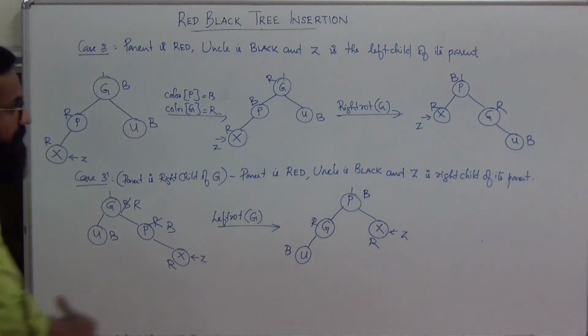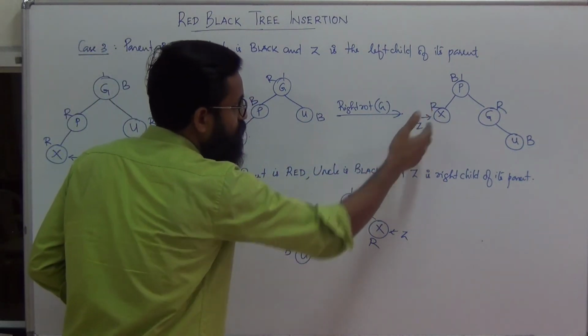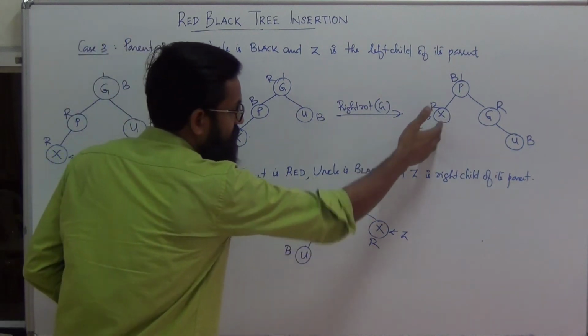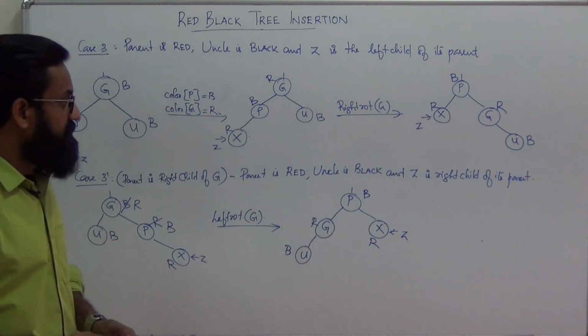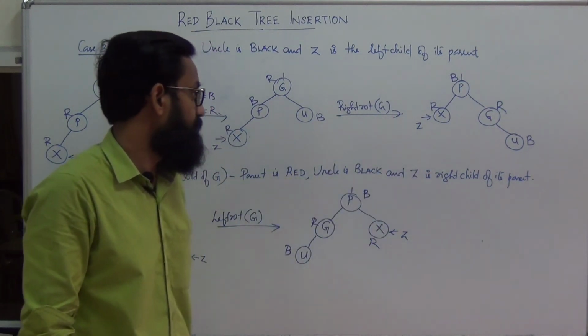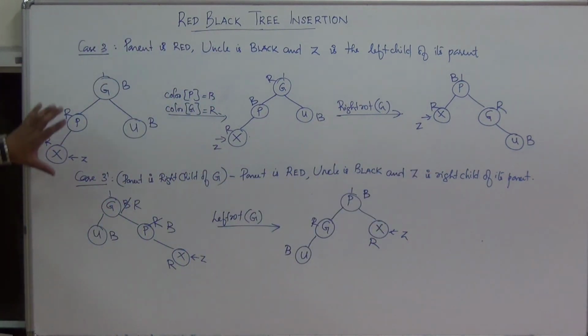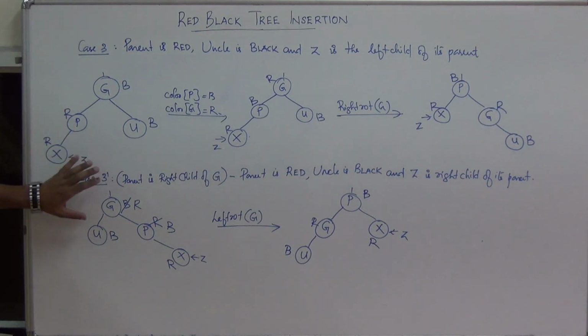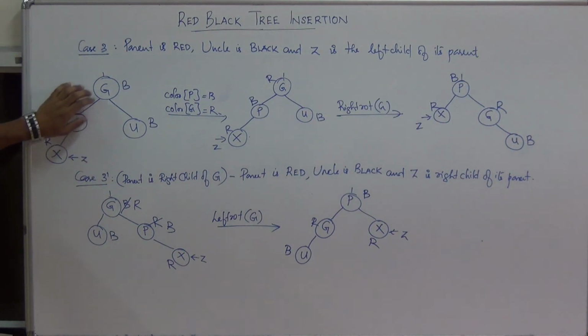Now if we compare the end results, these two are actually symmetric with respect to each other. So if you consider this one, its mirror image is this one. Now you can differentiate case 3 and case 3 dash based on the orientation of parent with respect to grandparent and new node with respect to the parent.